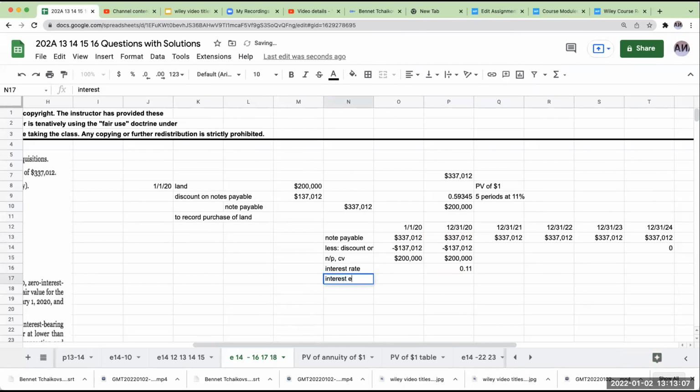My interest expense is going to be $22,000. So on 12/31/20, I'm going to debit interest expense for $22,000, and credit my discount on notes payable for the same amount.